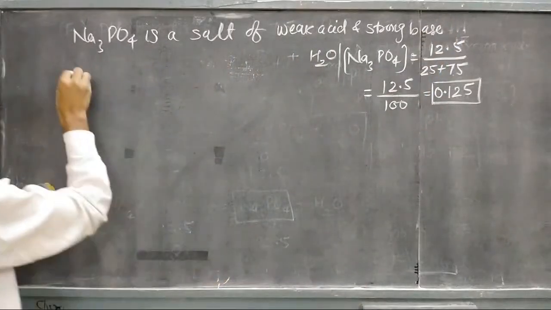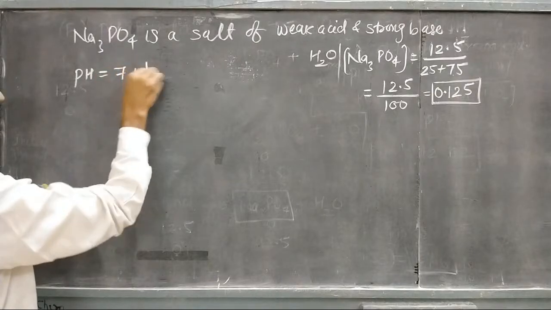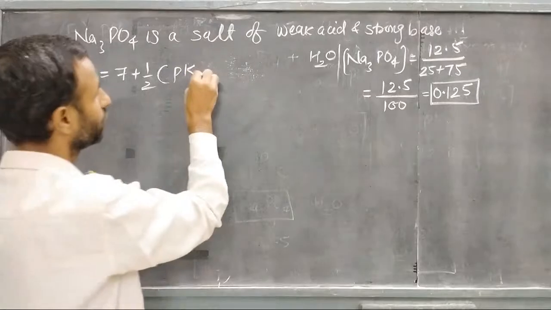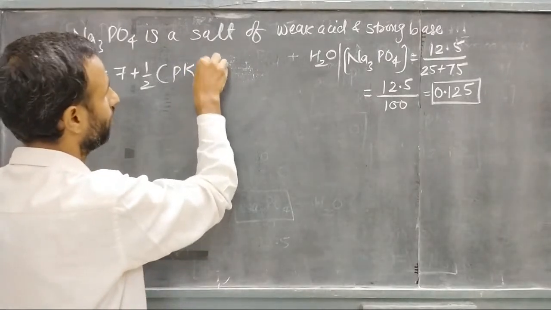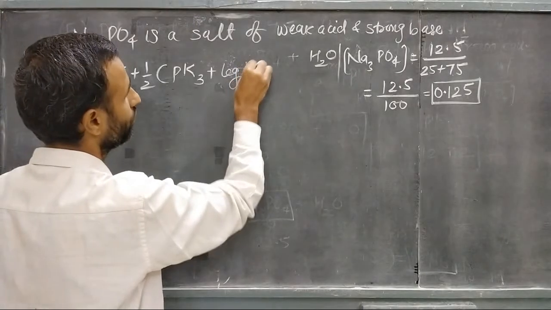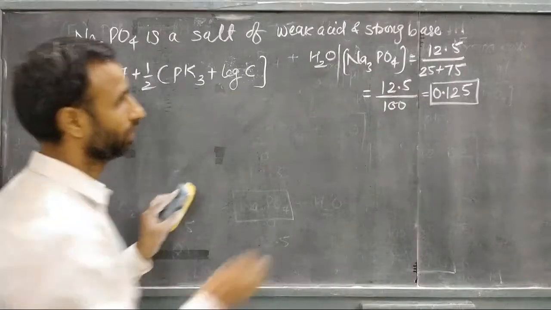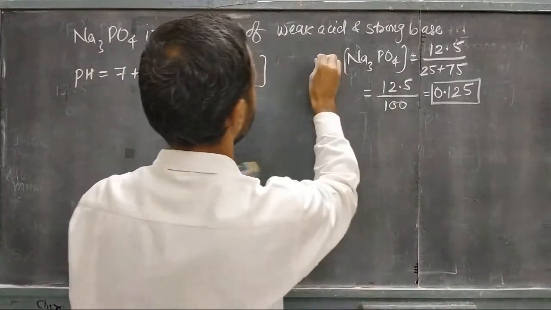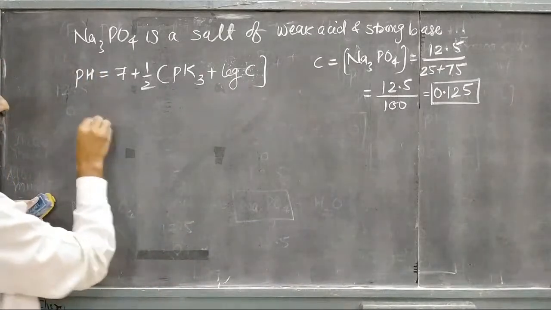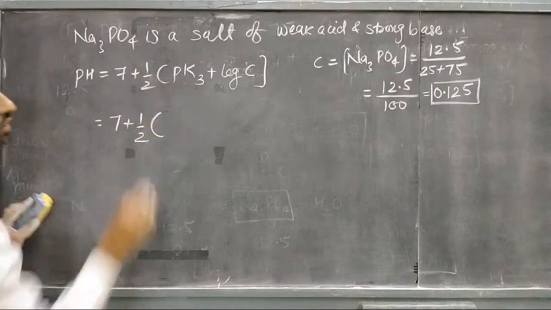So for this, pH equal to 7 plus half of pK, which pK? pK3, okay, plus log of concentration of Na3PO4. This is C, the concentration of Na3PO4. So in this way it is 7 plus half of pK3.